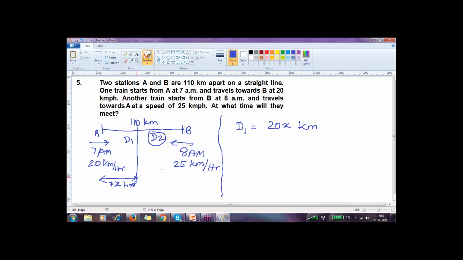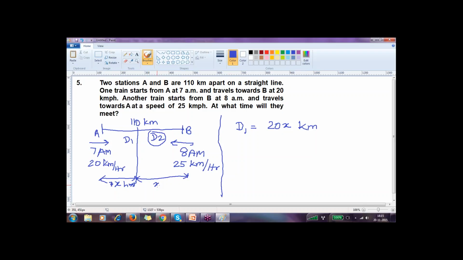To calculate this, we have to understand what this time will be. Now, if the train from A takes x hours to reach here, how much time will the train from B take to reach this point? Great, Sapna, great.